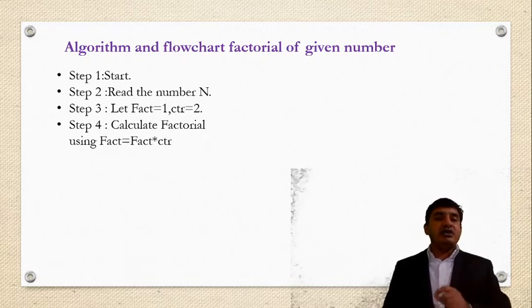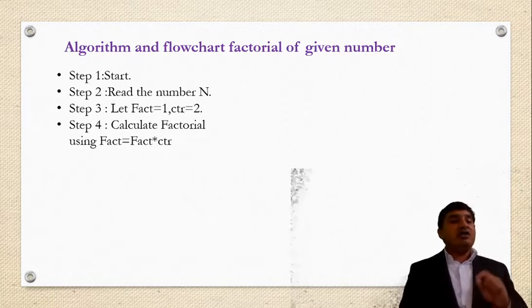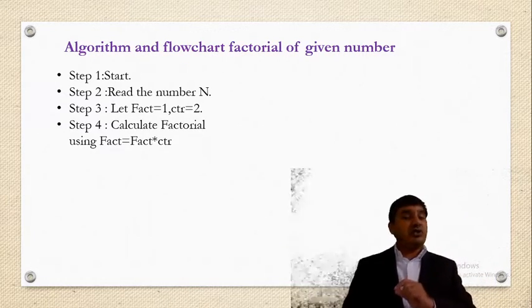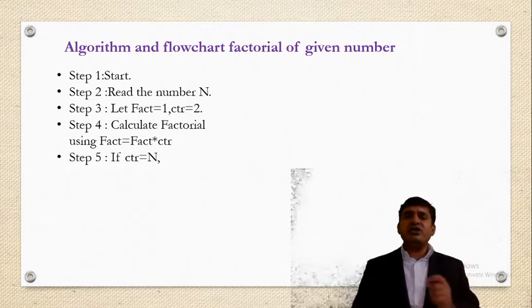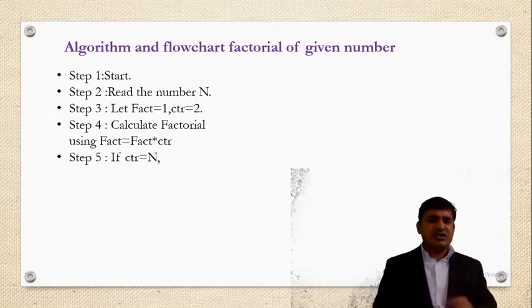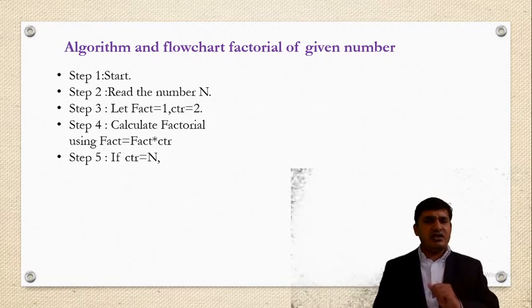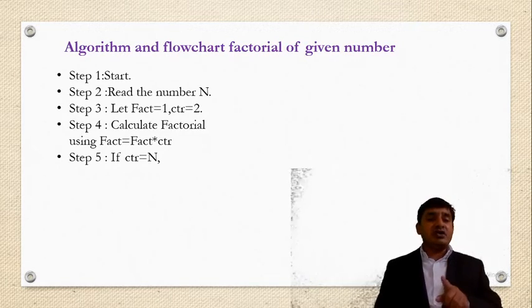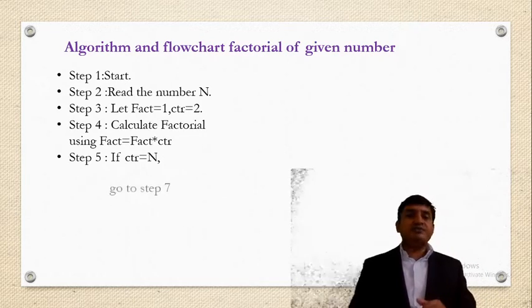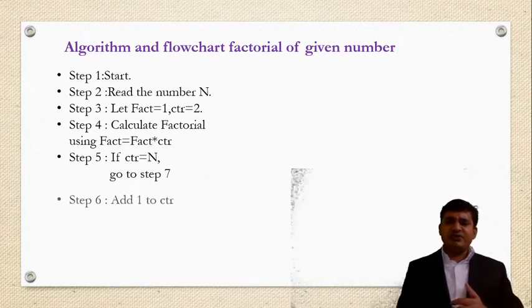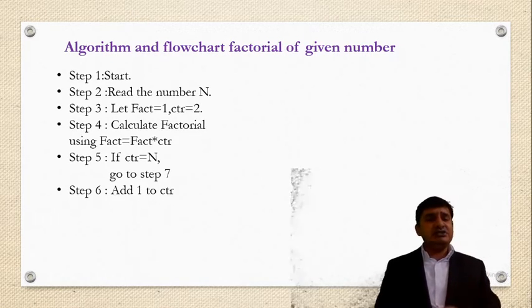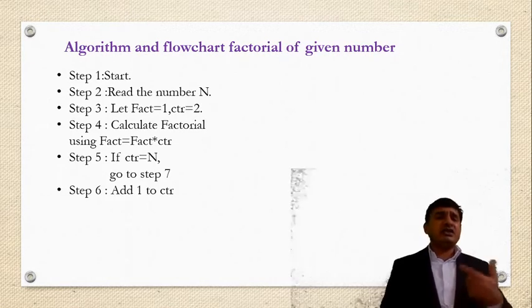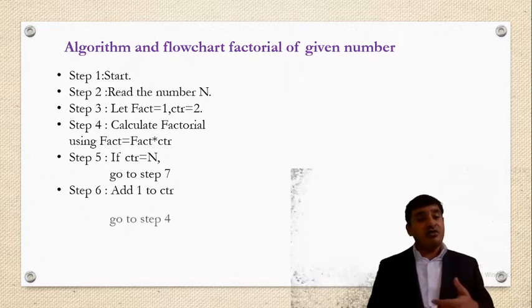Now calculate the factorial by using the formula fact = fact times counter. Then step 5, we have to check the condition: is the counter equal to n, that is the number whose factorial we have to determine? Then go to step 7, that is stop. Step 6 is add 1 to the counter, that is the counter is incremented by 1.